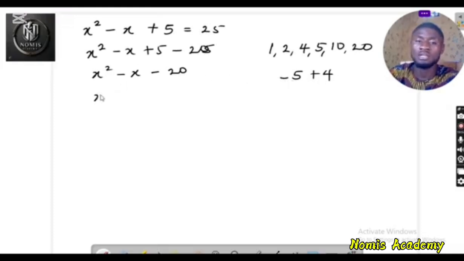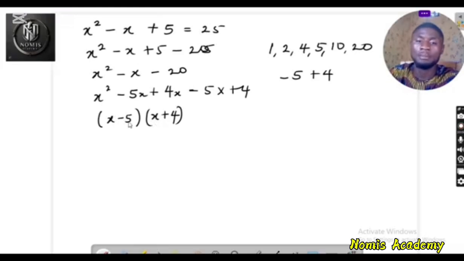So x squared minus 5x plus 4x minus 5 times plus 4. So just take x at both ends, then minus 5 and plus 4.